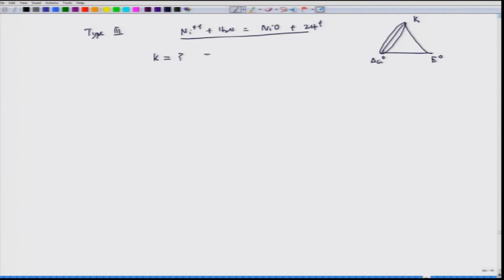In order to find that, we know the relation between delta G 0 and K, where K is the equilibrium constant for this reaction. So, delta G 0 would be again the summation of mu 0 of product minus summation of mu 0 of reactant.